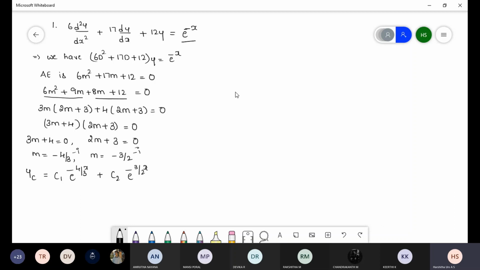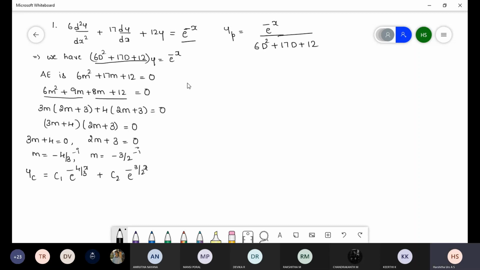So here on the right side they have given phi of x value. So we have to find out the yp. Here I write yp is equal to what they have given here, e power minus x, the right side RHS value, divided by the differential operator, this term: 6D square plus 17D plus 12.